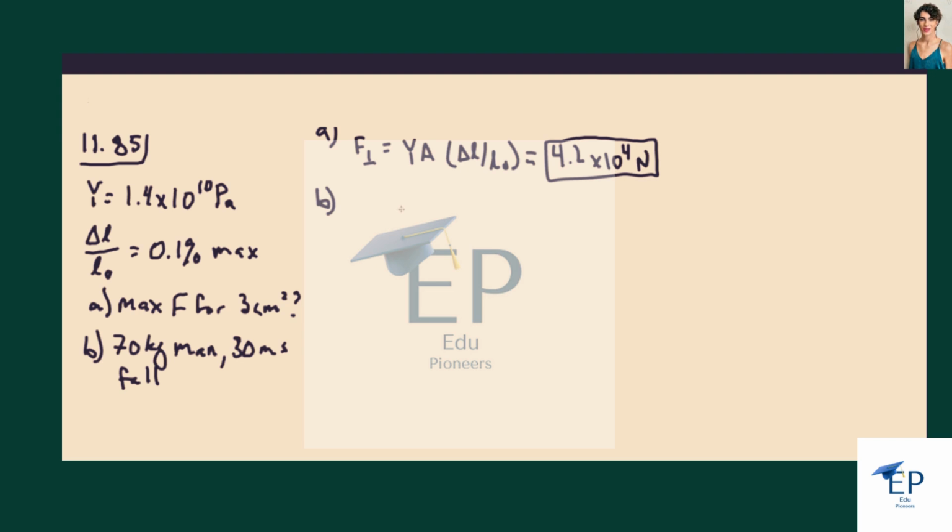So when this man falls, the net force on him is going to be the force the ground exerts upwards on him minus his weight. We know that this is going to be 4.2 times 10 to the 4th newtons.